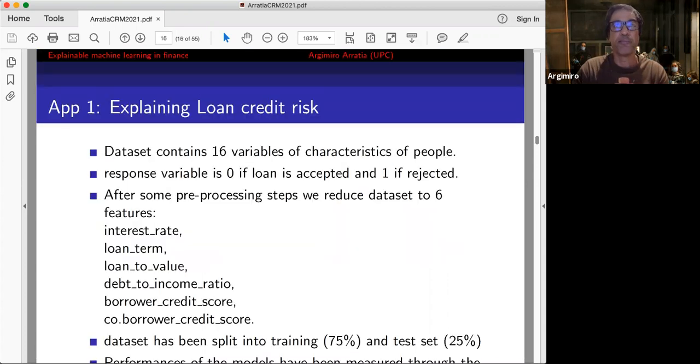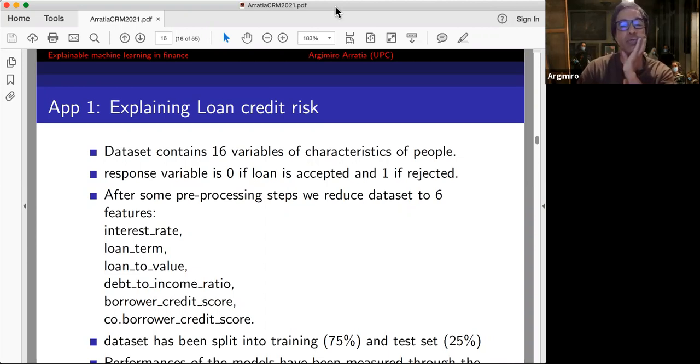So our data set contains 16 variables of different characteristics of people, and my response variable is 0 if the loan is accepted and 1 if it's rejected. As always, we do some pre-processing to reduce these 16 variables to those that are most relevant. You use, say, lasso regression or elastic net to filter for the important variables, and for correlated variables, just remove one of them and so on.